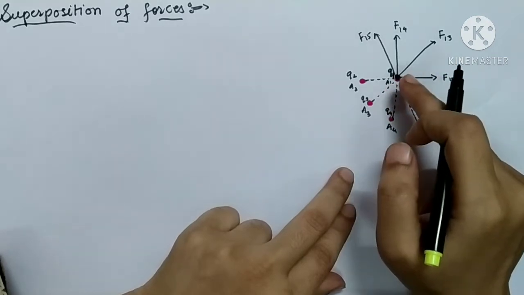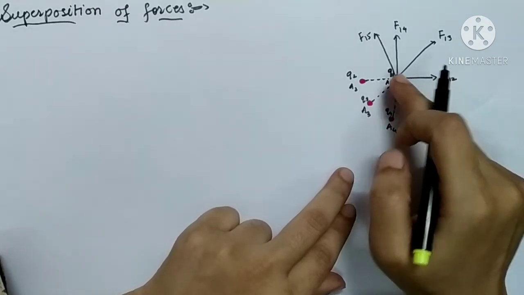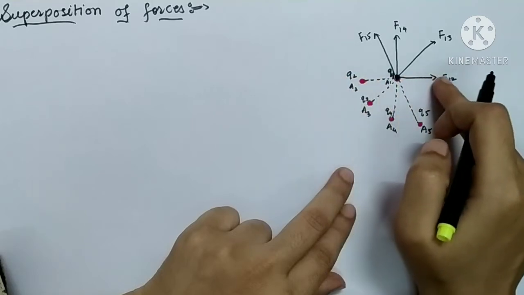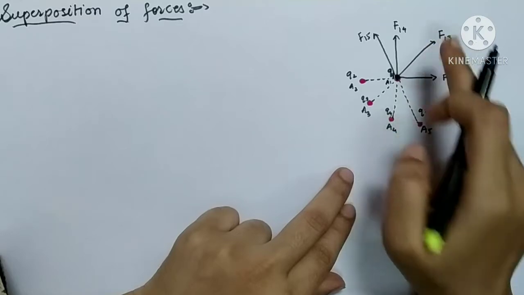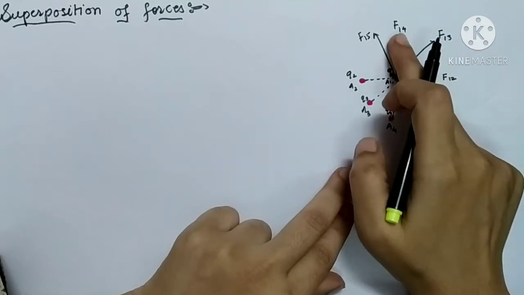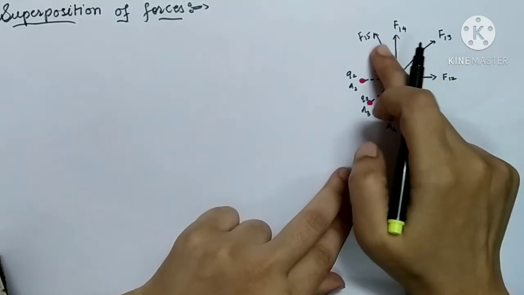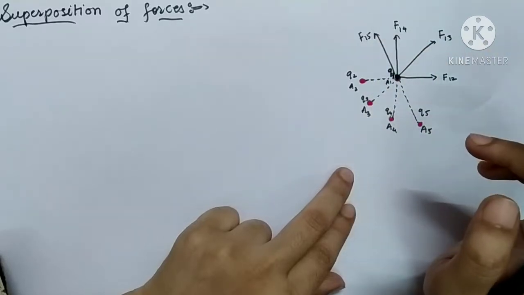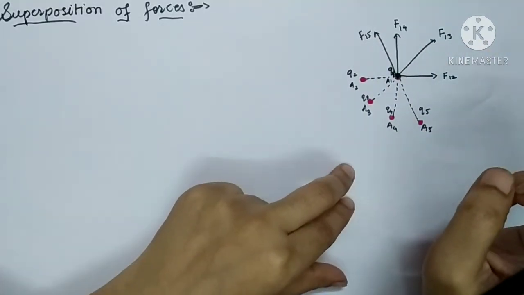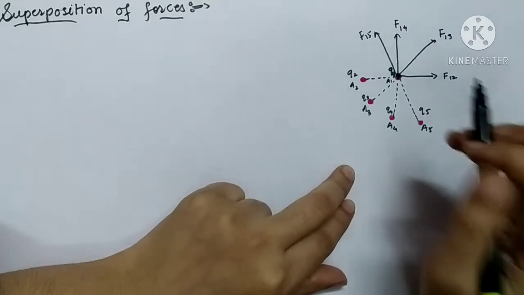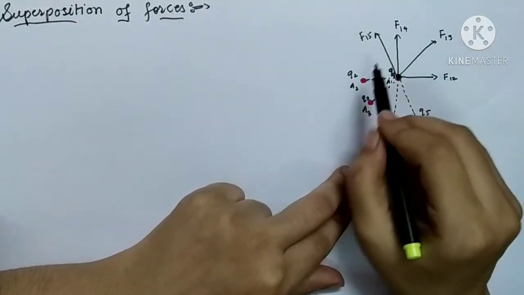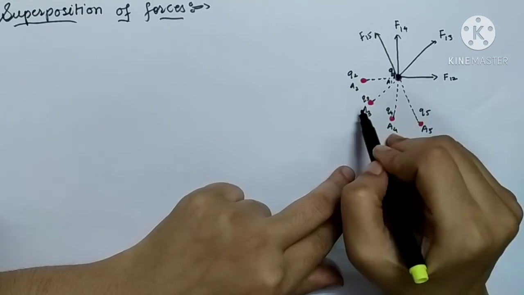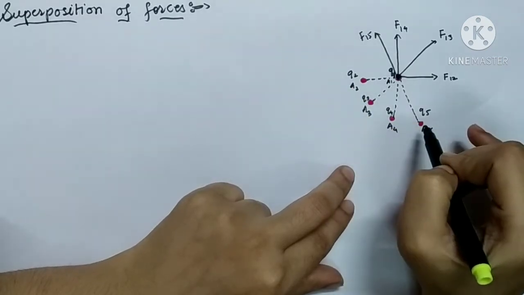This charge Q1 is going to be repelled by the charge Q2, by Q3, by Q4 and by Q5. So there are 5 charges and the forces acting on the charge Q1 will be 4: the forces exerted by Q2, Q3, Q4 and Q5.